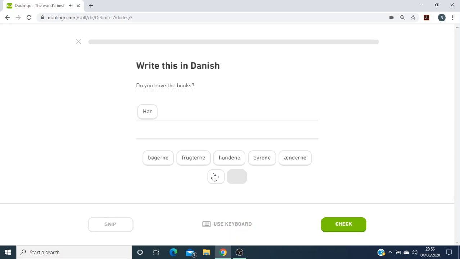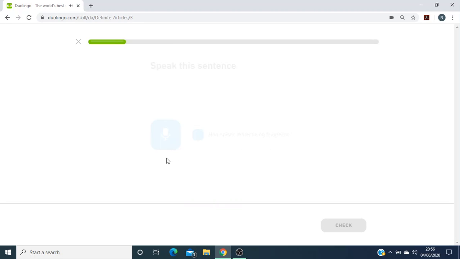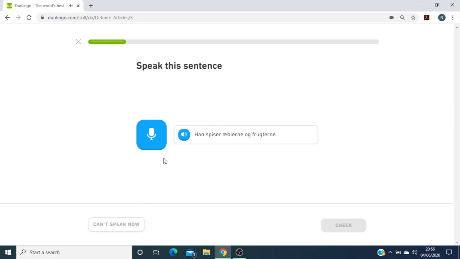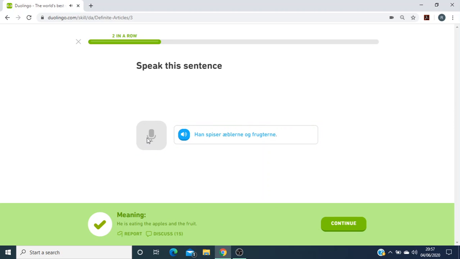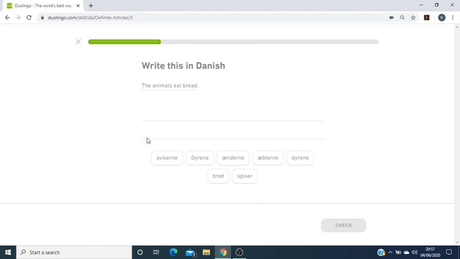Har du bøgerne? So, do you have the books? Han spiser æblerne og frugterne. Click the microphone icon.